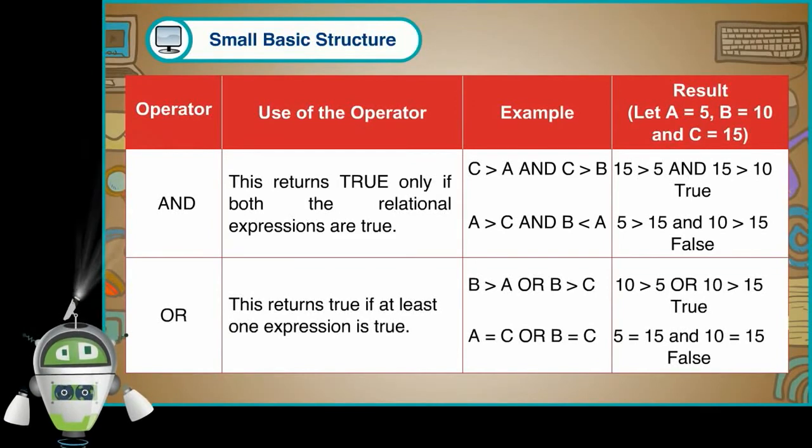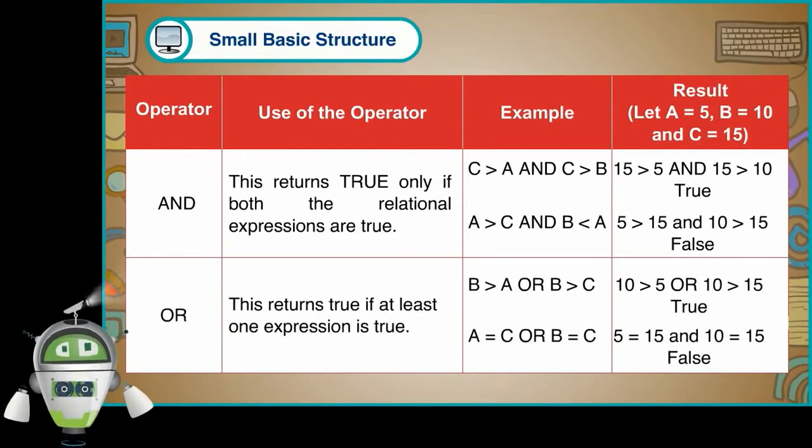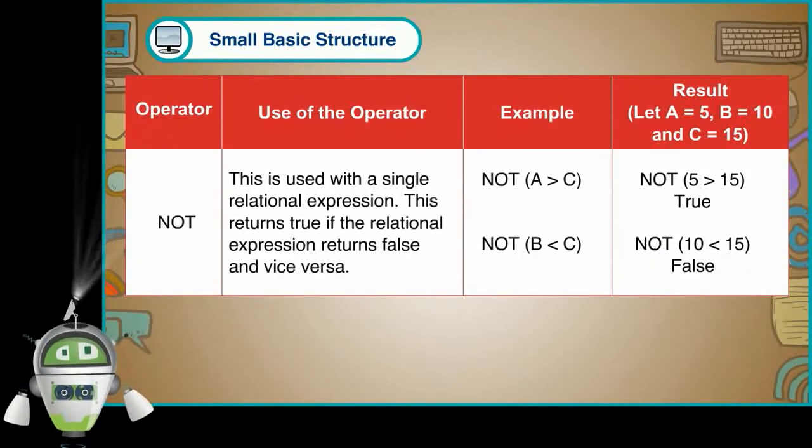false. Or: this returns true if at least one expression is true. B is greater than A or B is greater than C. A is equal to C or B is equal to C. 10 is greater than 5 or 10 is greater than 15, true. 5 is equal to 15 and 10 is equal to 15, false.